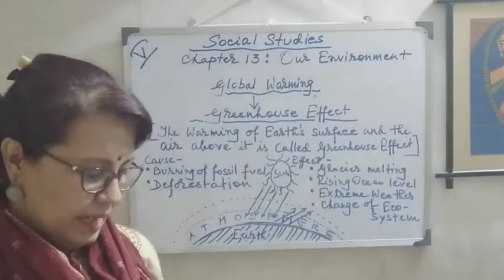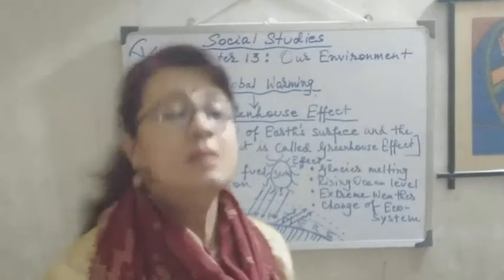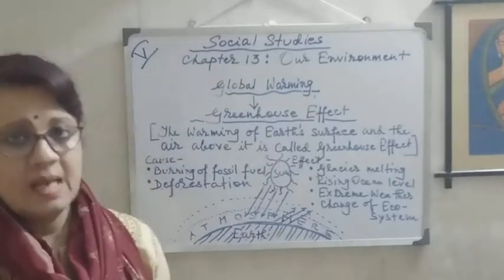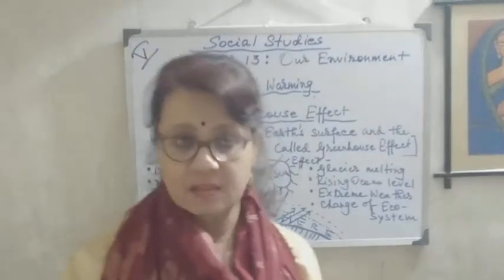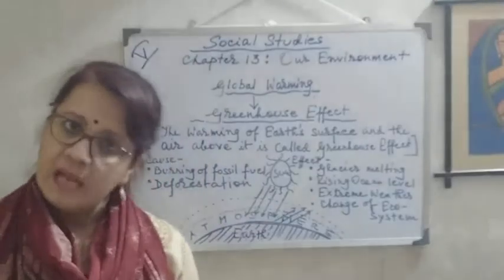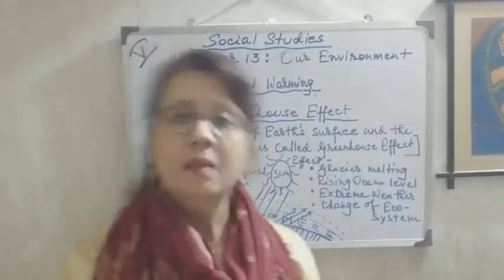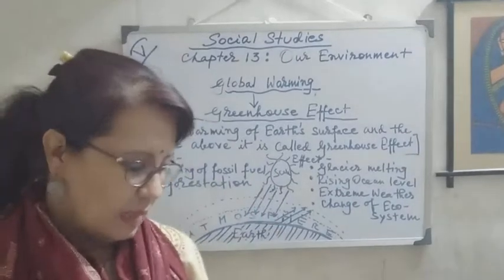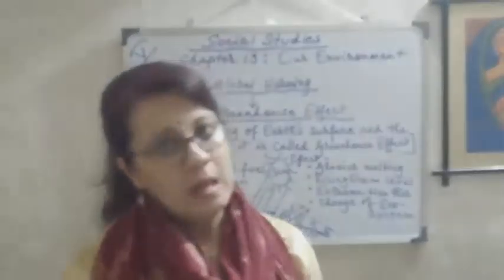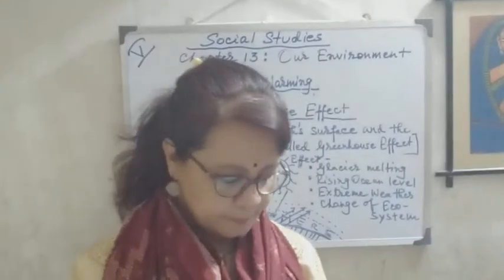Abiotic components consist of what? Non-living things. Okay. What are the non-living things? Such as land, that is, yes, lithosphere, water, hydrosphere, and the air, atmosphere. These are the abiotic components of the environment.